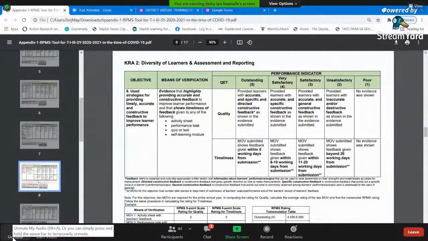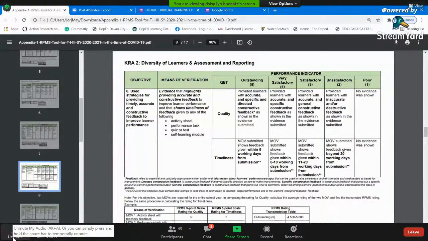We say it is accurate, and specific, and directed. Feedback refers to essential and culturally appropriate written and or oral information about learners' performance output.